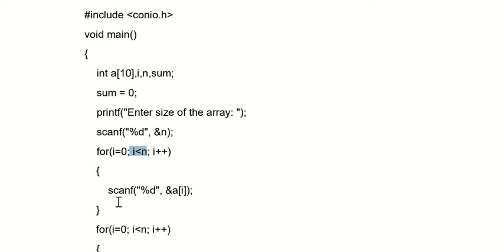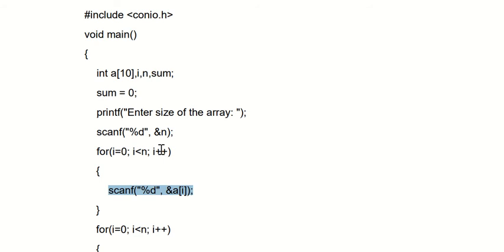Then inside the for loop we have only one statement, that is scanf %d &a[i]. When I say a[i], right now the value of i is 0, so whatever you enter will get stored in a[0].